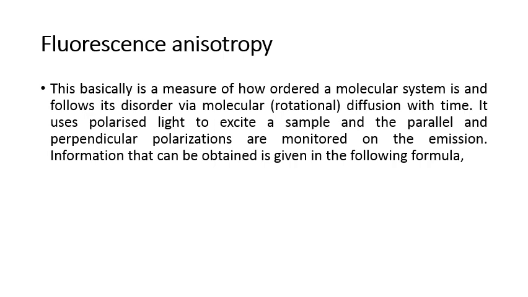It is very interesting how it is used to study the orderedness of the system. It gives the idea of how the system is ordered, and so we use polarized light and we monitor the system.